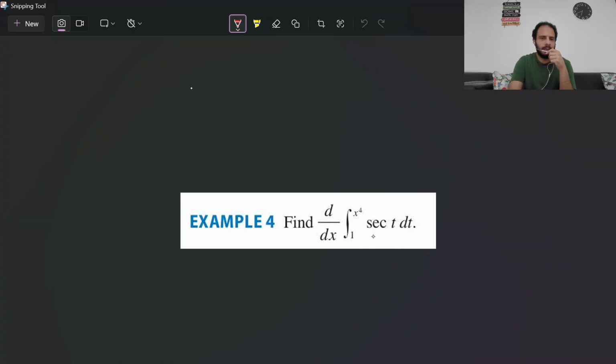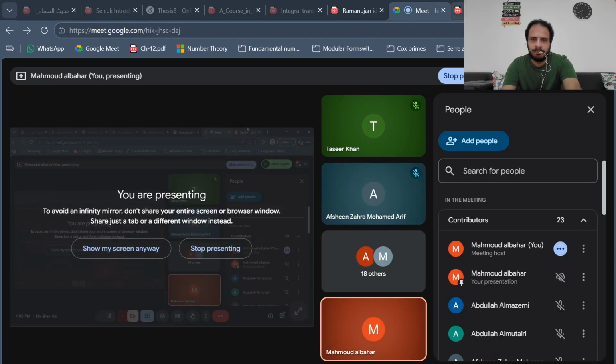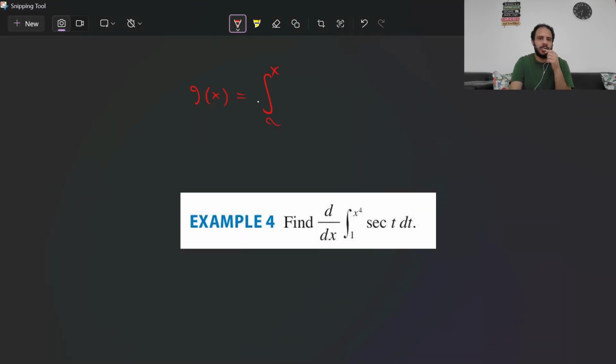So the theorem tells you that if you have g of x equals the integral from a to x of f of t dt, then the derivative is what? g prime of x equals f of x. Good. This is the theorem, but here you have x to the 4.